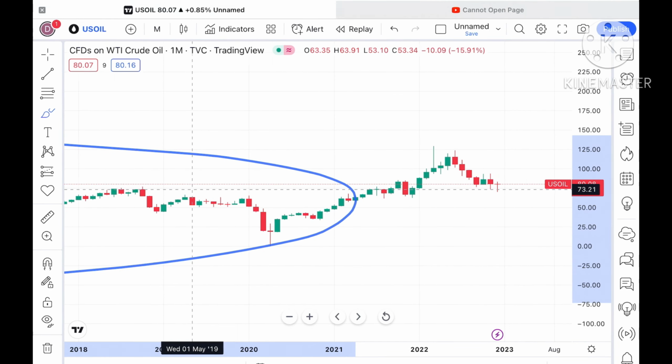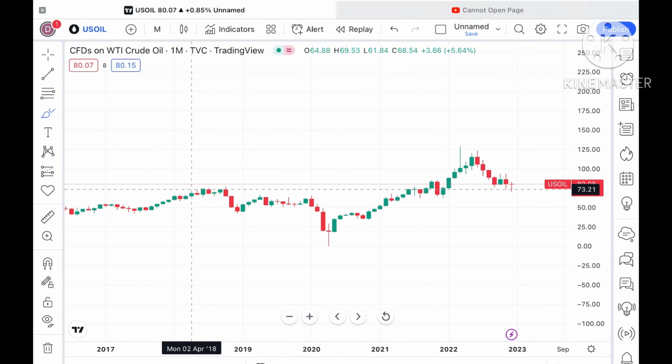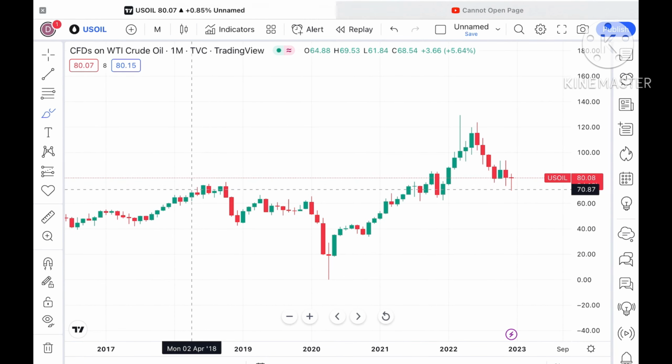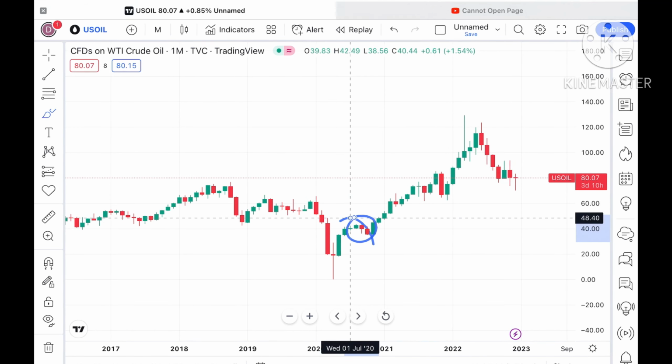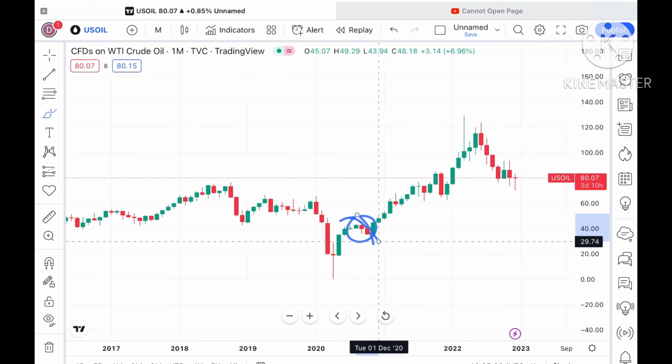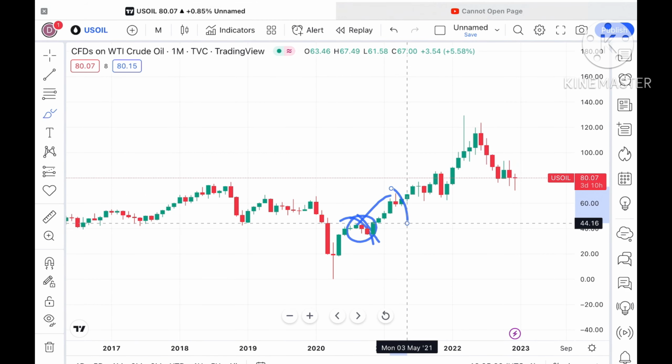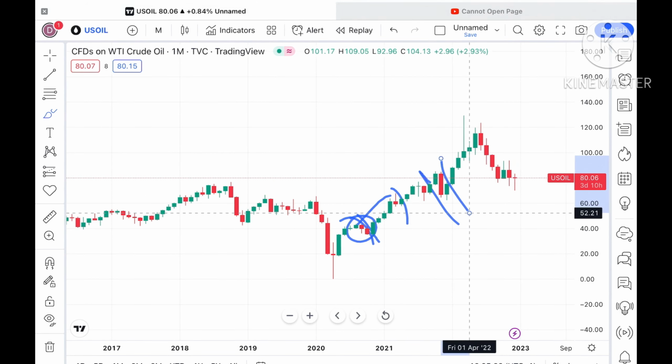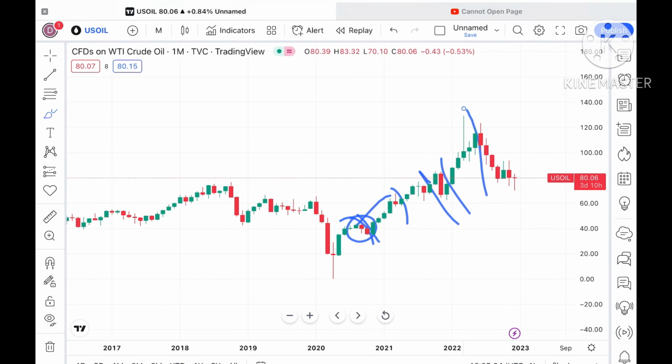If you look at this particular chart after 2022, there is a pattern forming, and what this pattern says is that whenever it goes above its previous high, it makes a sharp fall. Look at this, it moved upside and a sharp fall we have seen, made high and then sharp fall.